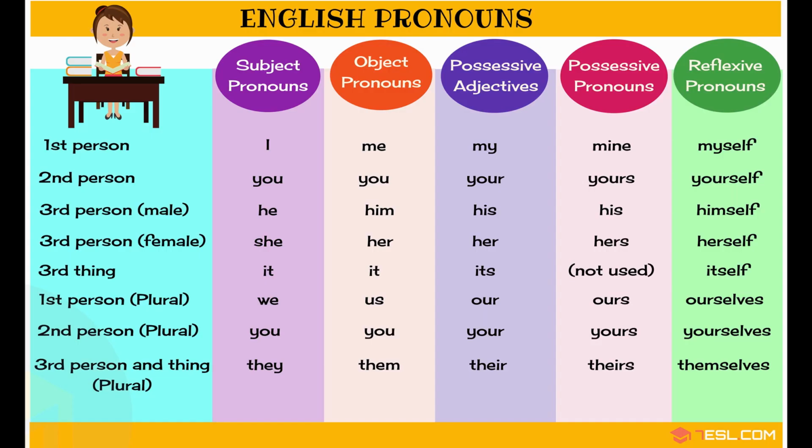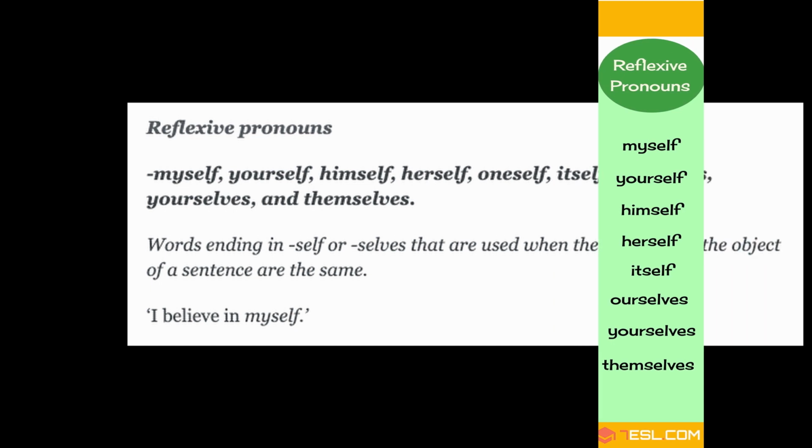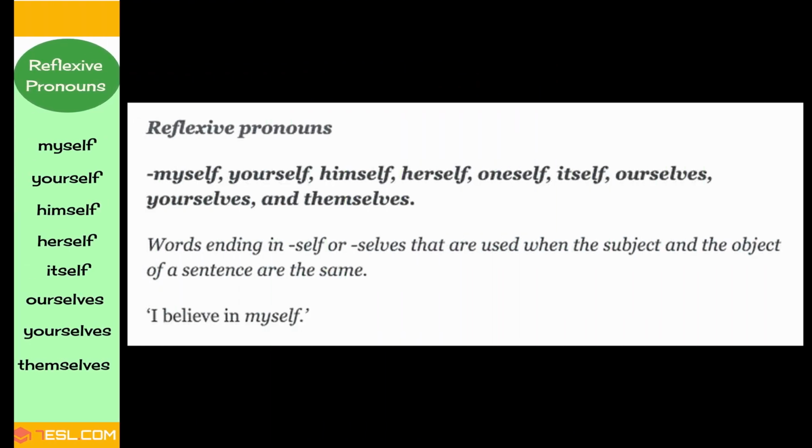So finally, for this section, we're going to look at reflexive pronouns. We can see them here. Myself, yourself, himself, herself, oneself, itself, ourselves, yourselves, and themselves. So words ending in self, or in the plural selves, that are used when the subject and the object of a sentence are the same thing, when they're the same.